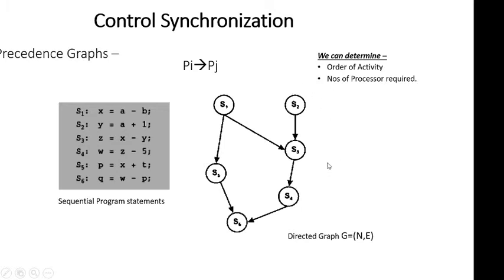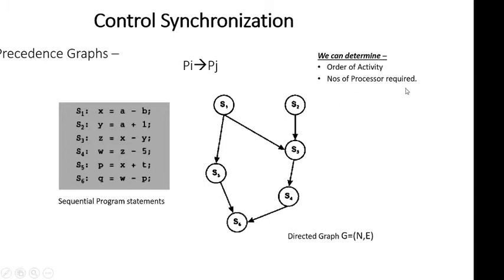So with the help of this graph, we can have some kind of controlled synchronization. And apart from the information about the order of execution, it also tells us the number of processes required to have the most efficient execution of this program. So in a multiprocessor system, how many processes will be required to execute this program in the most efficient manner?